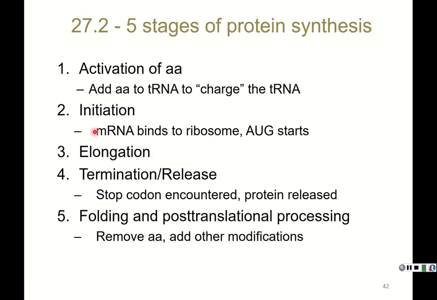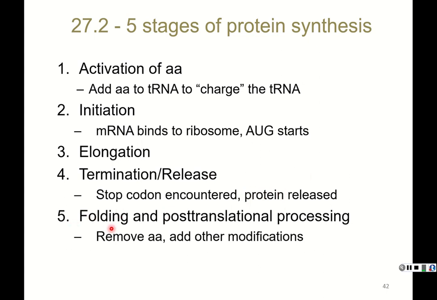Next, you have elongation, where you're making your protein chain longer by one amino acid at a time, followed by termination and release. That occurs when the stop codon is encountered. When that happens, the protein is released from the complex.